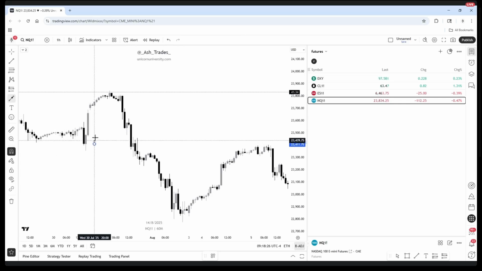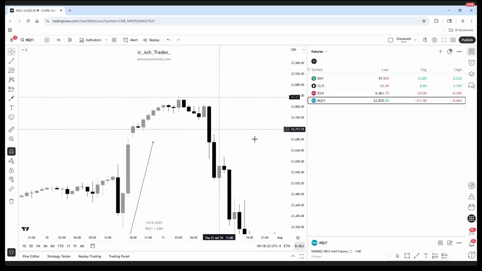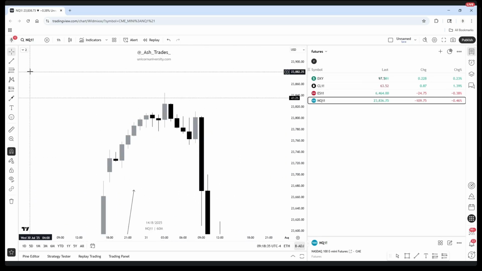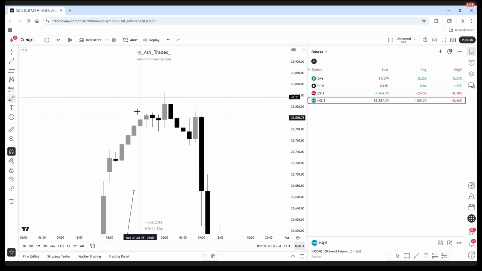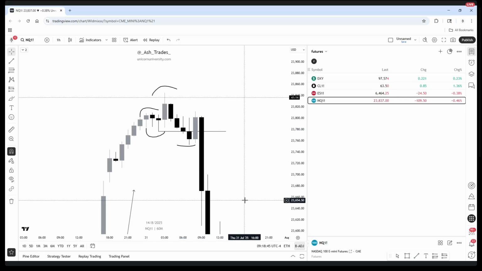Price was heading higher here, right? And then let's see if it has the swing points, which it does. Swing high, swing low, new high, new low, breaker, and we reverse from there.